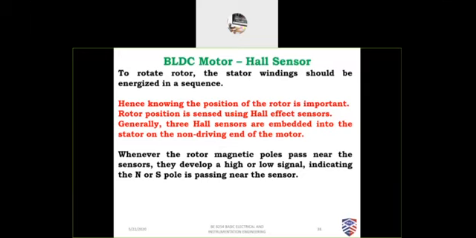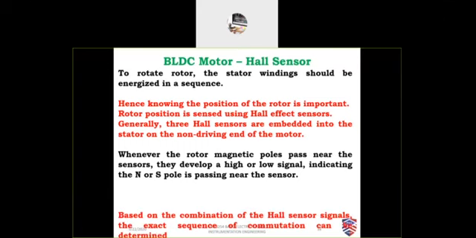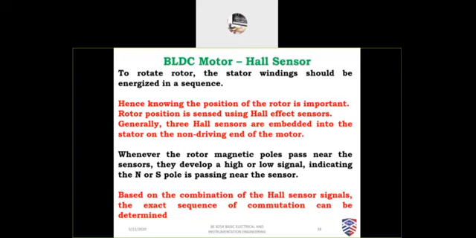So that will be decided by the Hall sensor. Depending upon that, now they know where the North Pole and where the South Pole are. Then they start rotating in the clockwise direction, giving correct voltage to the phases R, Y, B. Based on the combination of the Hall sensor, the exact sequence of the commutation can be done.